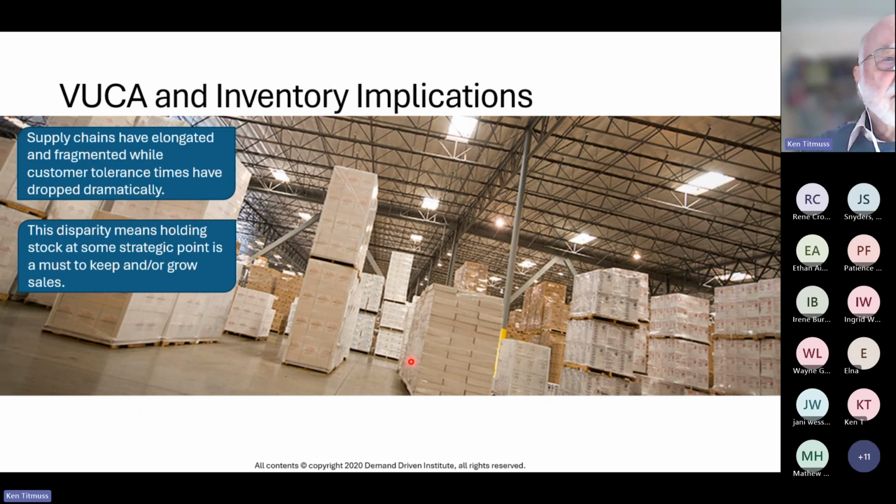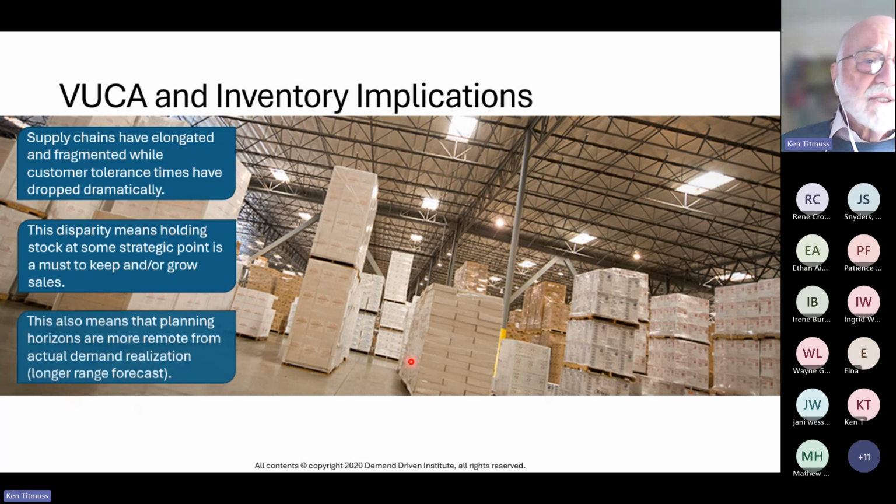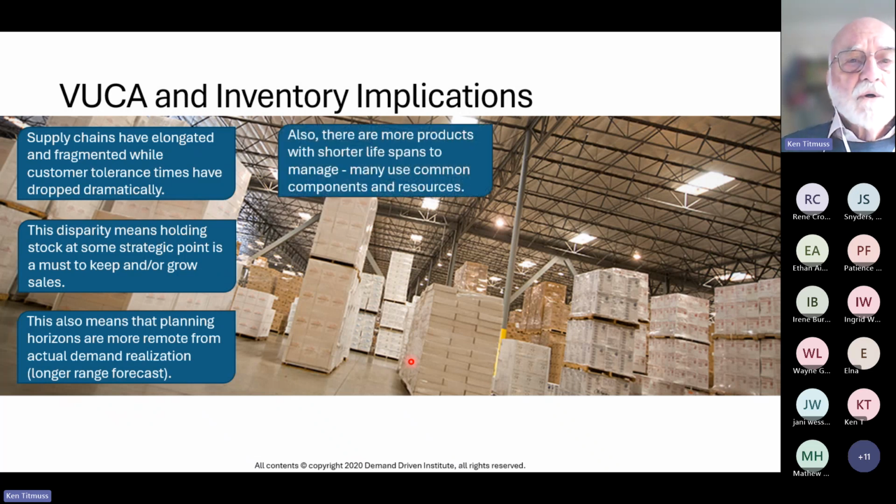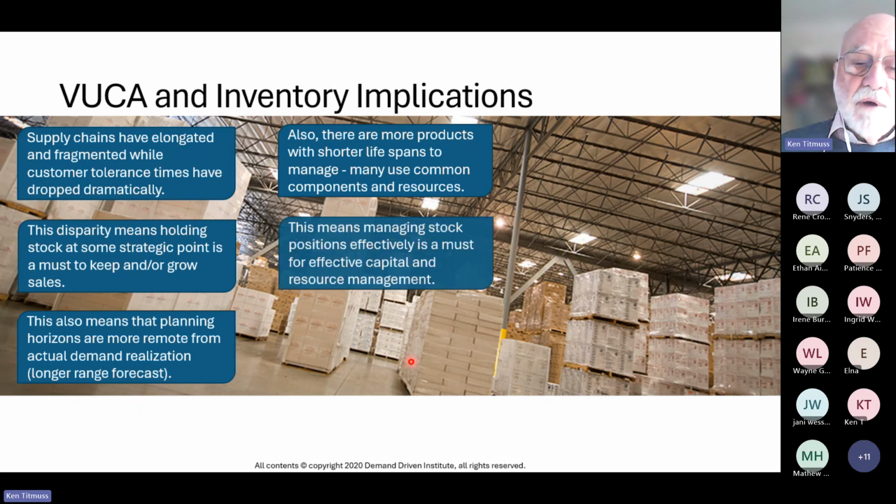The disparity means holding stock at some strategic point is a must if we want to grow our sales. It also means that planning horizons have become much more remote from actual demand realization. And we've got these much longer forecast horizons. Also, there are many products with shorter lifespans to manage, and many use common components and common resources.